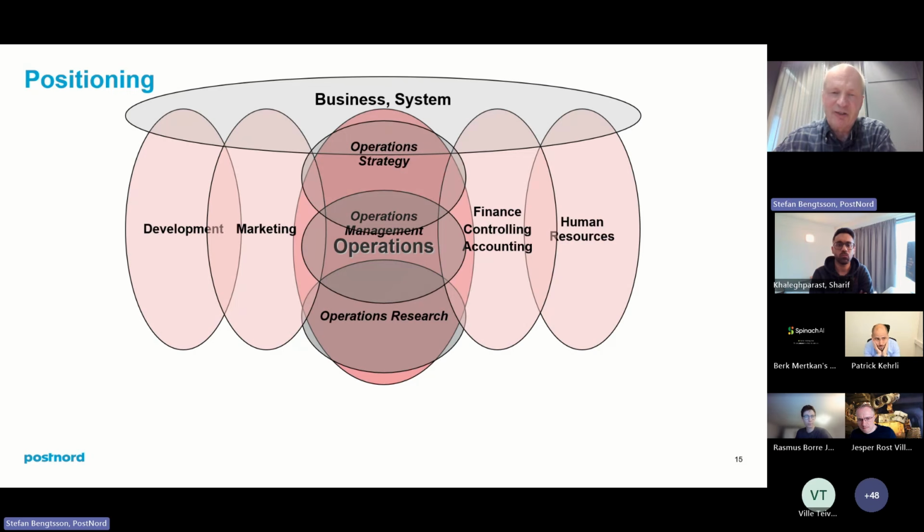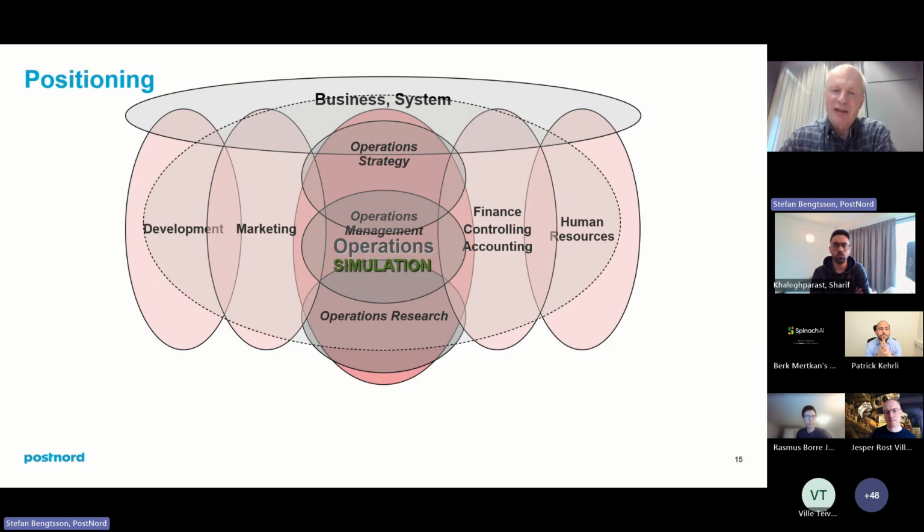Well, the problem is, if you look at the whole organization, I claim that the potential to utilize simulation-related competence is not at all just related to the operations division. It has value to add in marketing. It has value to add related to finance and controlling.